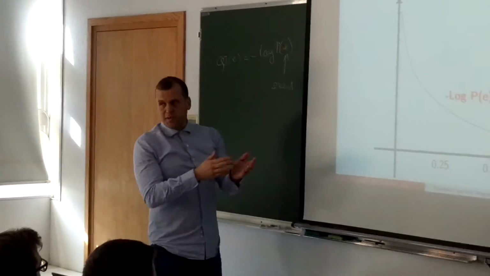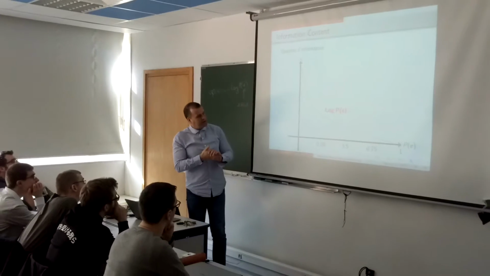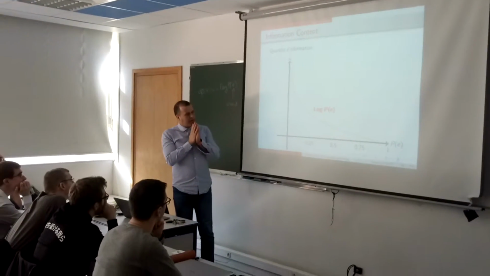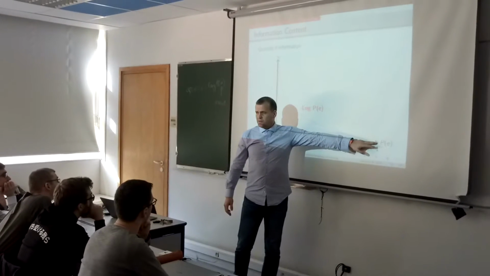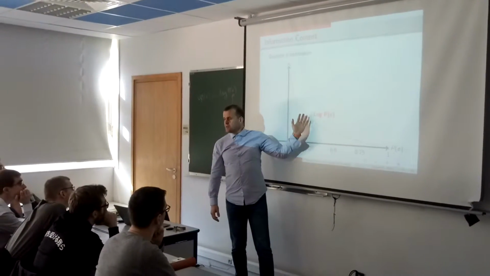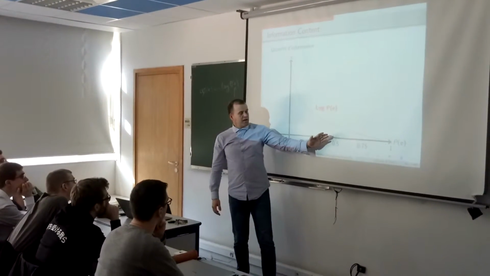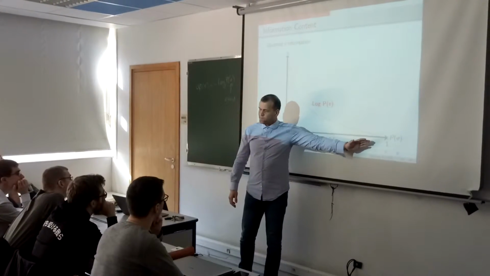So how can we interpret this curve? We can say the following things. If the probability of the event is really high, it means that the quantity of information is very small.